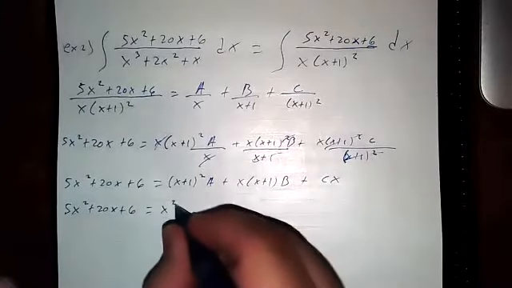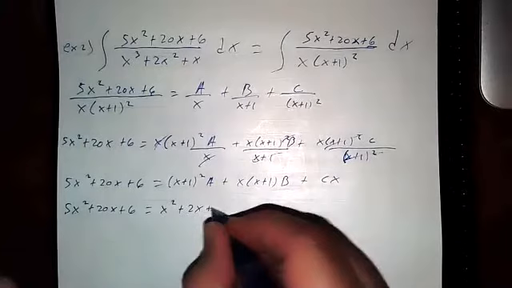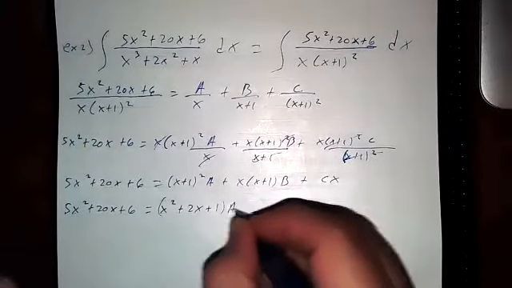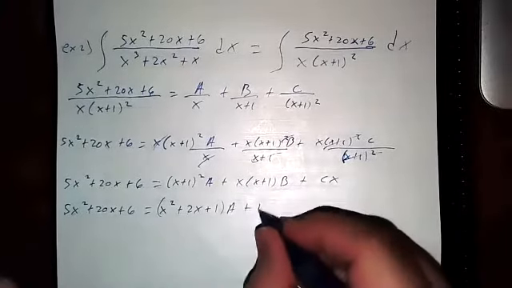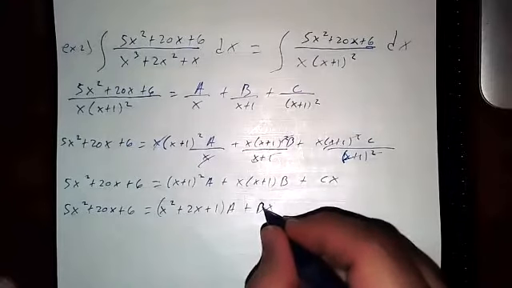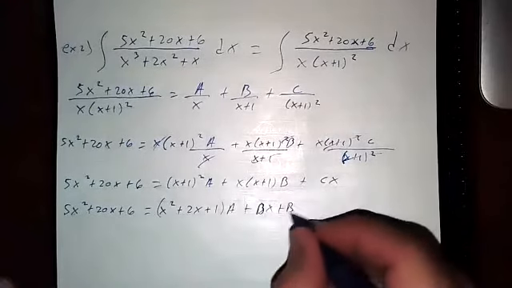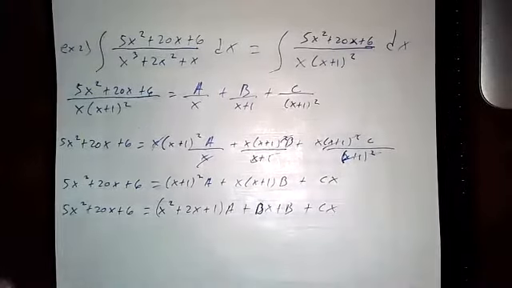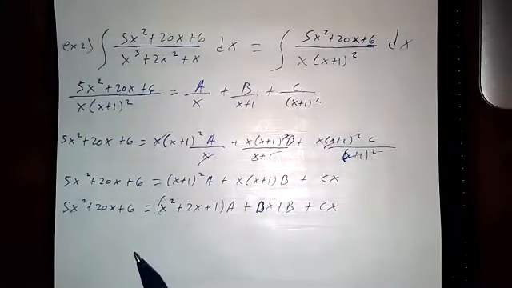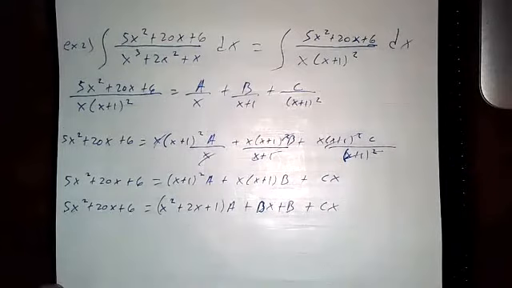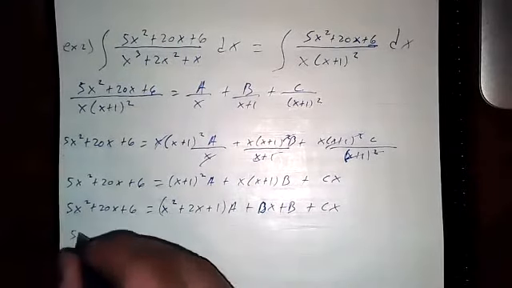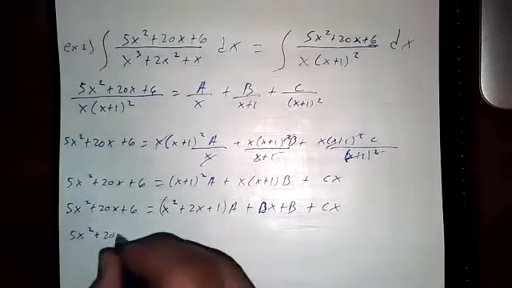Okay, so here we go. So that'll be x squared plus 2x plus 1 plus bx plus b plus cx. Distribute, and then we will equate the coefficients. Let's see here.